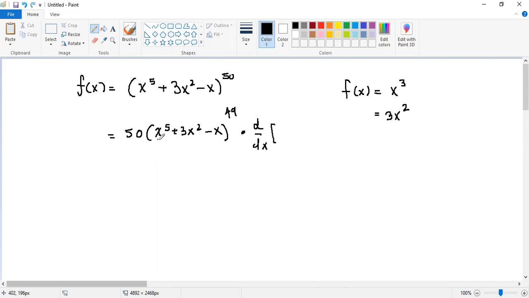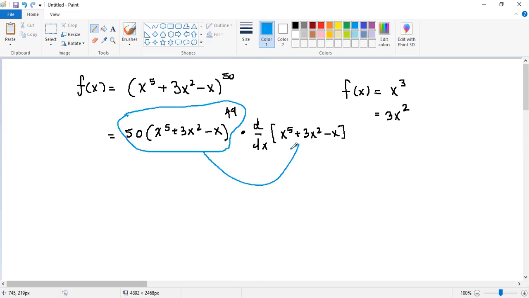So if this is the inside, then you're multiplying by the derivative of this inside piece. So this is still in your answer. This is still in your answer, but you're simply multiplying by this. So that means that 50 x to the fifth plus 3x squared minus x to the 49th. This is your answer, but you're multiplying by the derivative of this.